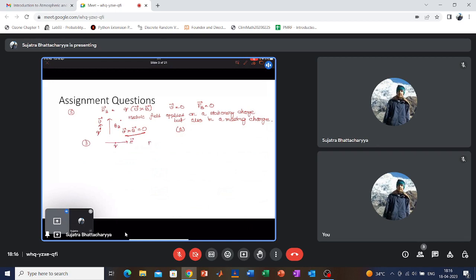Therefore the net force will be Q into E, which is well known to us. Now, because of this force, it has displaced a distance x. Then the work done is Q into E into x, so the kinetic energy is nothing but QEx. This is simple.